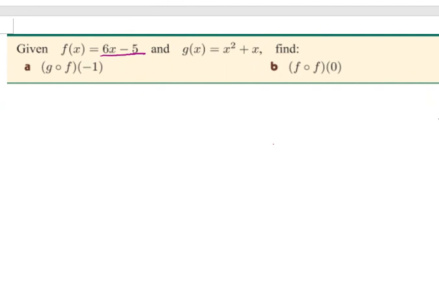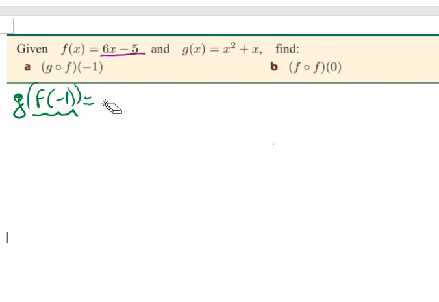I want you to write it as we always do. g of f of minus 1 equals, and then you start with the g outside, but that means you have to work with the f inside.